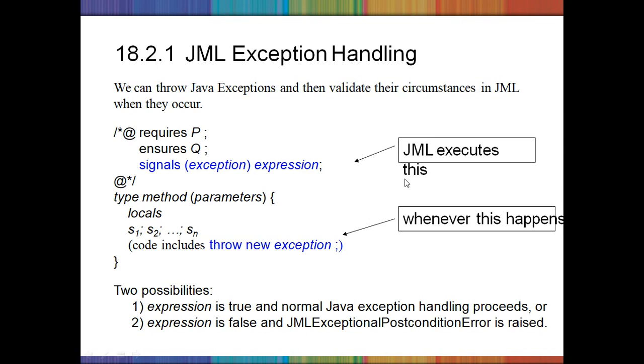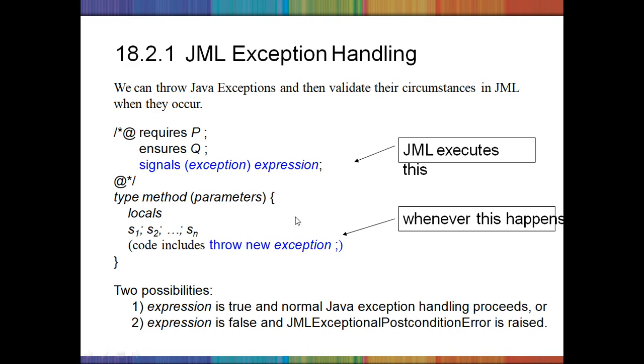So JML executes this, and once the main code is written, throw new exception, whatever exception you want to throw here, this particular exception will be thrown whenever this particular sequence is executed. So there are two possibilities for JML exceptions. If the expression is true, normal Java exception handling proceeds. If the expression is false, a JML exceptional postcondition error is raised.